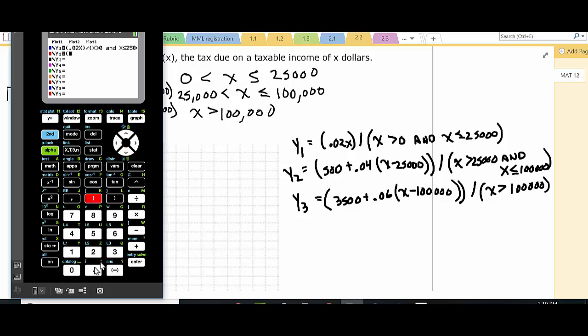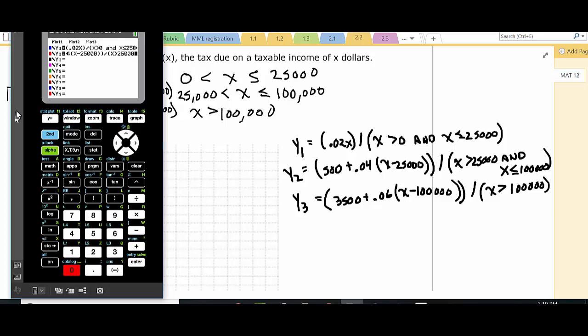Okay, go to Y2. It goes like this. We'd say parentheses 500 plus 0.04, parentheses x minus 25,000. Then you got to double up on the parentheses because the whole thing's in a parenthesis. Then you say divide by parenthesis x test greater than 25,000.